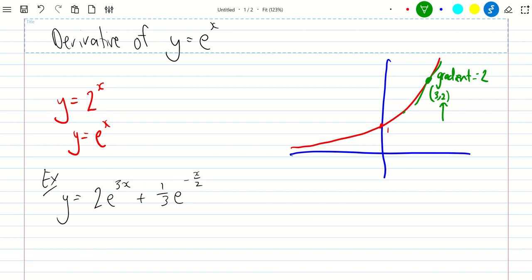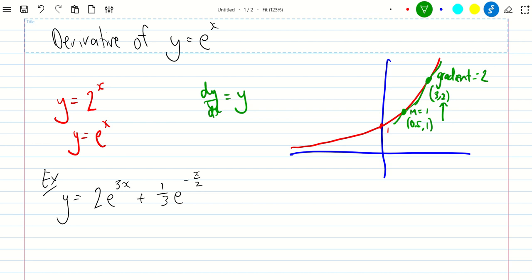And if I pick another point here, and maybe the gradient there is equal to 1, then the y value there will be 1, okay? So what I'm saying is that there exists some number e where the gradient at every point on the line is equal to its y value. In other words, dy dx is equal to the y value.